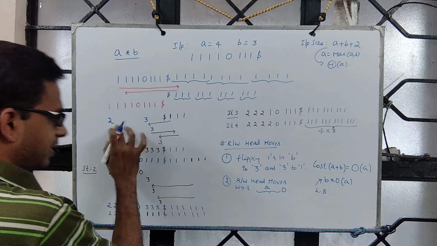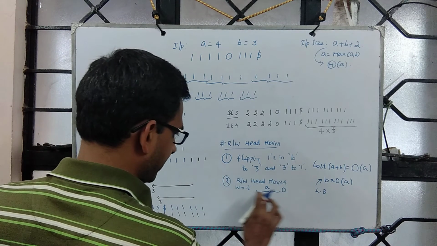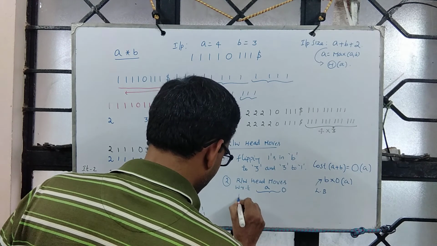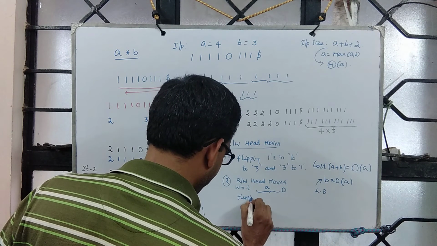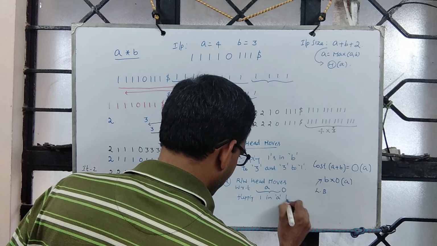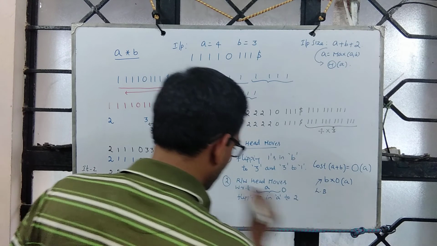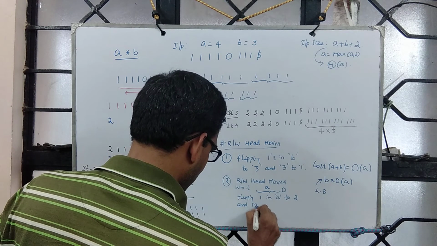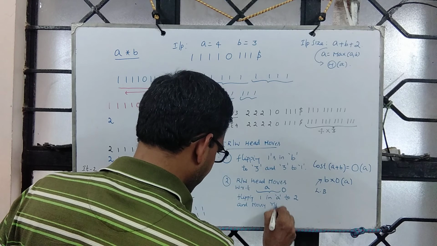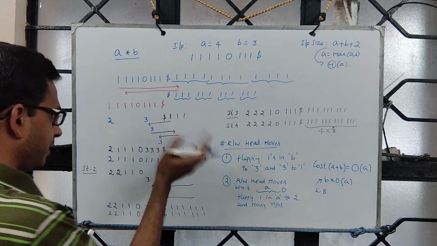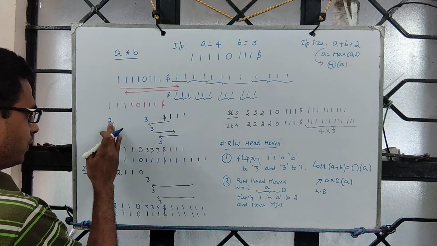And this one is read-write moves with respect to A 0, which means in the process of flipping 1 in A to 2 and moving right until you encounter a 0. Similarly, when you come back from 0 to this part.